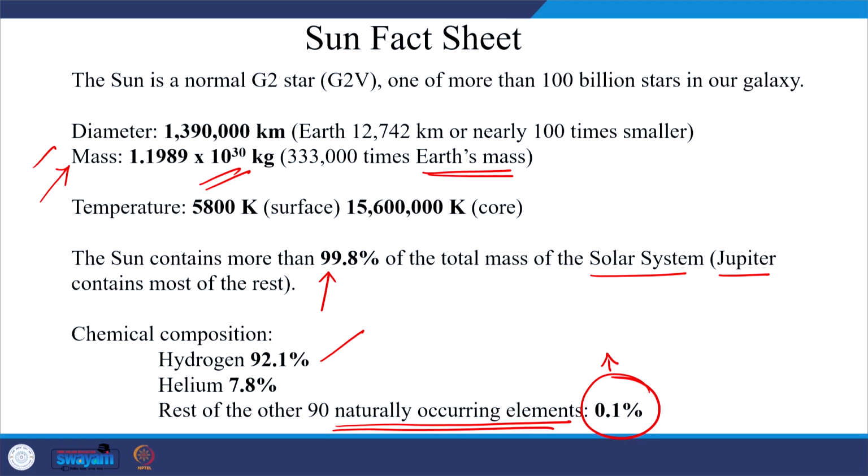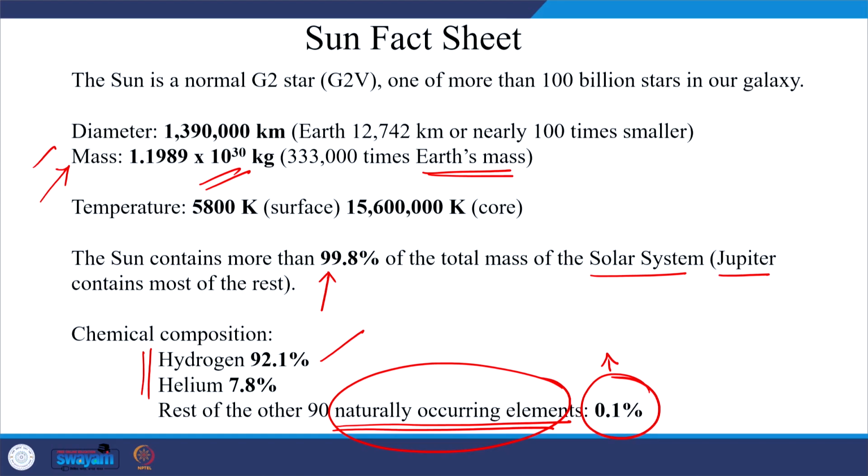Now, the interesting aspect is that nuclear astrophysics, or certain areas of physics, will tell you how these naturally occurring elements came into existence on the sun, starting from the humble hydrogen and helium. But that's not relevant here.